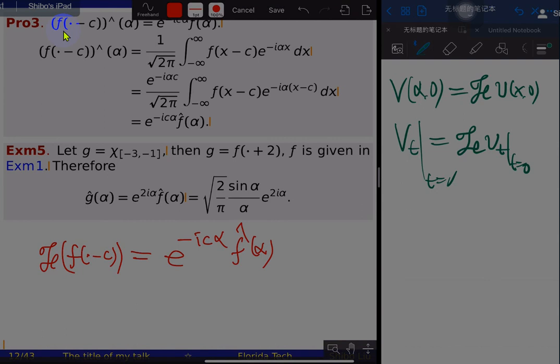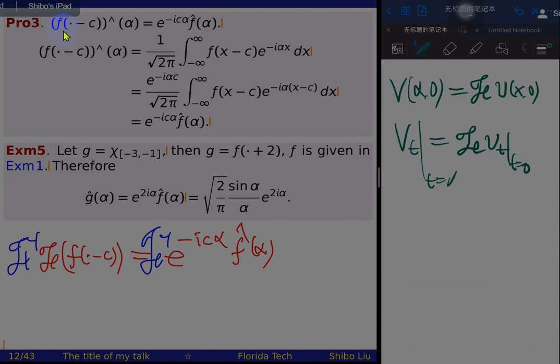Maybe I should write it here, which means that you apply the inverse transform to both sides. You get the Fourier inverse transform of e to the minus i c alpha F(alpha) equals, the left hand side is simply f(x minus c).